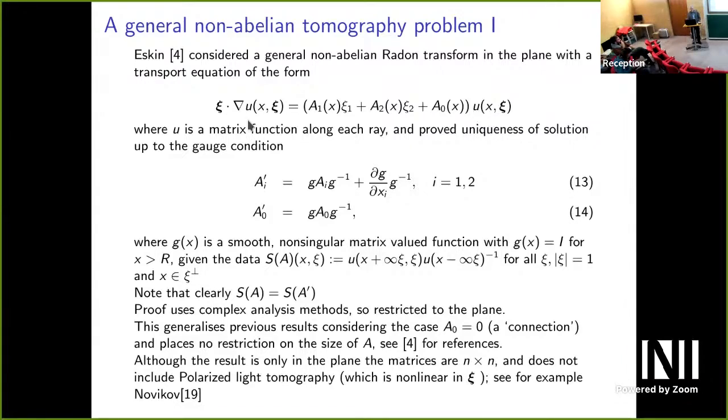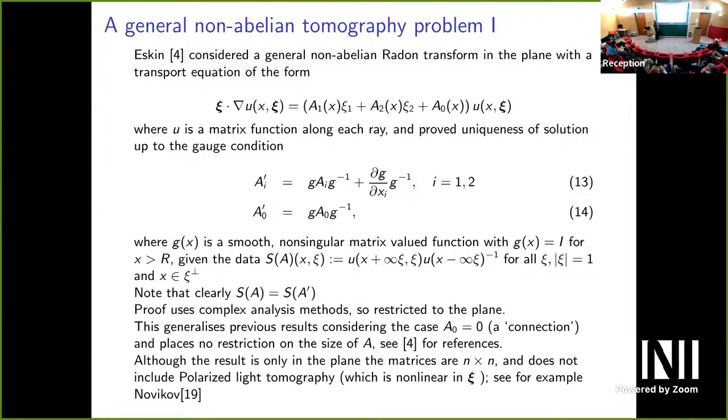We take the directional derivative of it, and all we need is a spatially dependent matrix. One part doesn't depend on the direction, and the other bit is linear in the direction. This is more than we need, because I pointed out the neutrons actually don't care what direction they're going in, just how long they spend in the magnetic field. So in this formulation, for our problem, the A1 and A2 were irrelevant, like in some other physical problems where they come in. But in fact, we only want the A0.